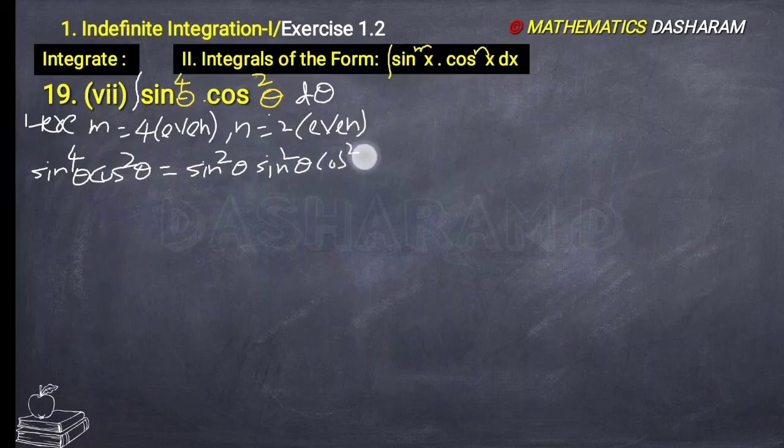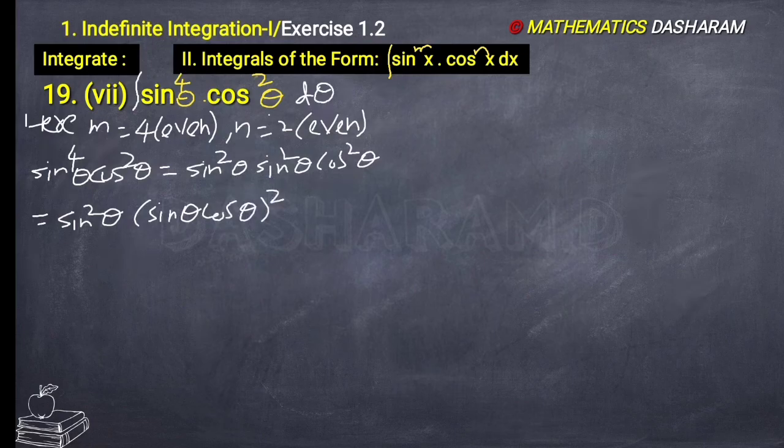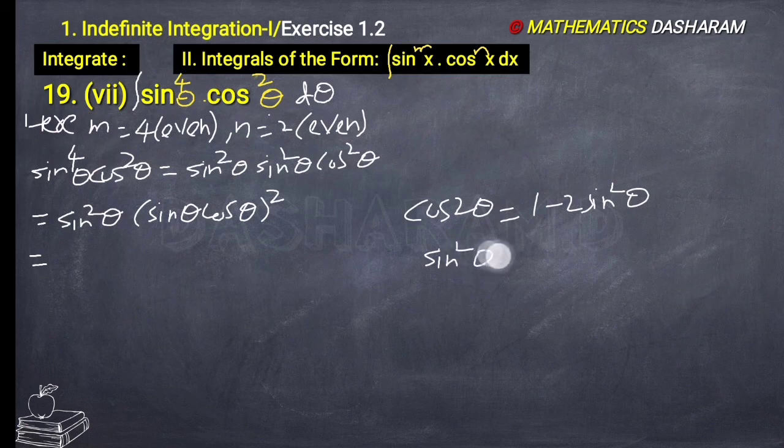into cos square theta. It is equal to sine square theta into, sine theta into cos theta, whole square. The cos 2 theta formula is 1 minus 2 sine square theta. From this, sine square theta equals 1 minus cos 2 theta divided by 2.